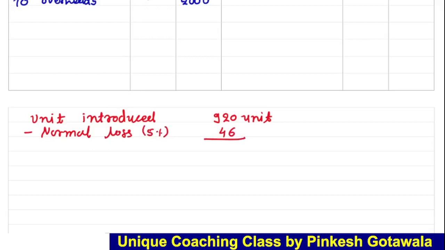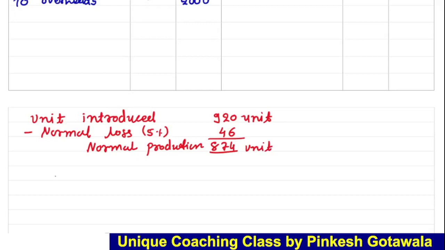So 920 minus 46, you will get 874. It will be our normal production. Normally we get 874 units.